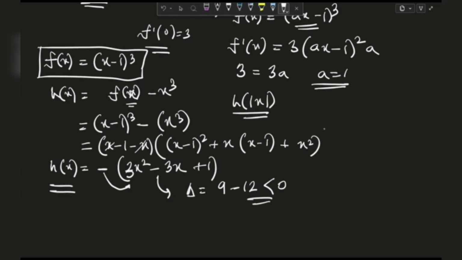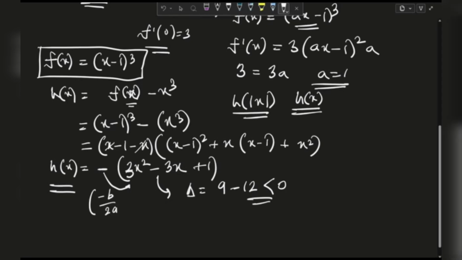So now we can proceed to draw the graph for h of mod x. For doing that, first we will go to the graph of h of x. To draw the graph of h of x, I am not going much into the calculation, I guess you guys know this. We find minus b by 2a comma minus d by 4a, which is the vertex of the parabola.